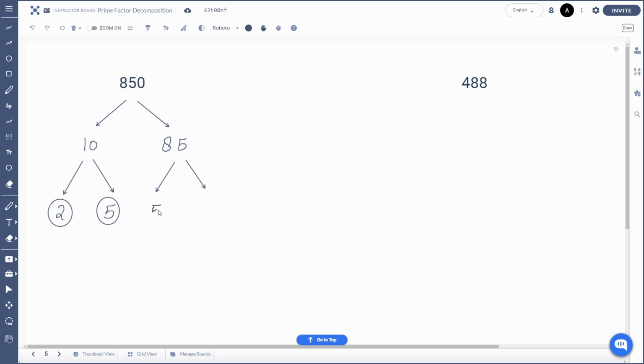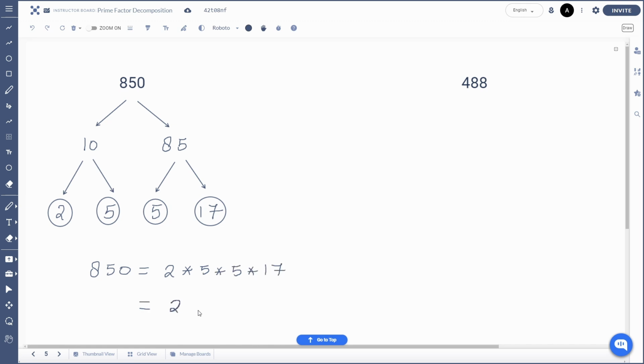So yes, we have got one number as 5, the other is 17. And now you notice that 17 is also a prime number, so we have to stop here. So we can represent our 850 as the product of 2 times 5 times 5 times 17.